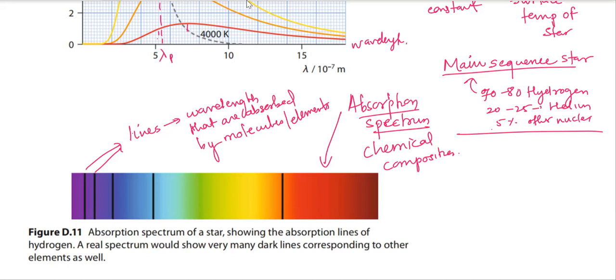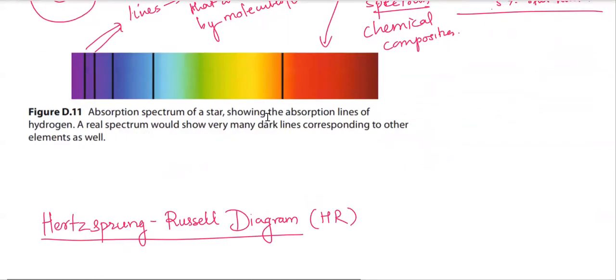As the electrons are knocked off, no absorption happens, because for absorption, if this is a nucleus, you need an electron to absorb that energy and go to a higher energy level. So if there is no electron present, you won't find absorption from those ionized hydrogen atoms in the absorption spectrum.